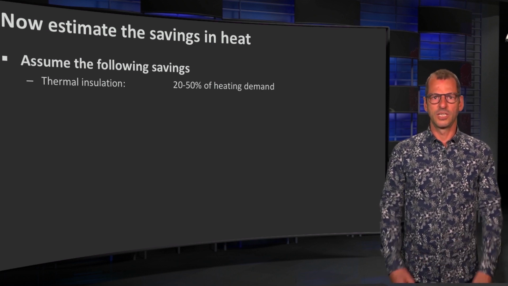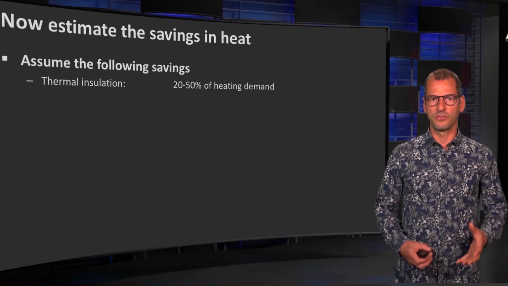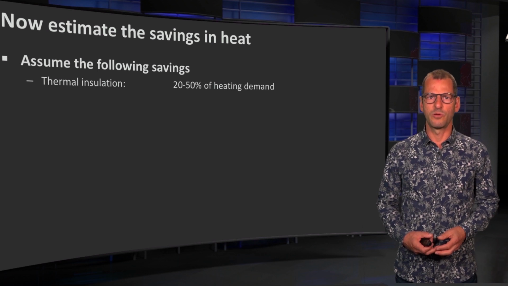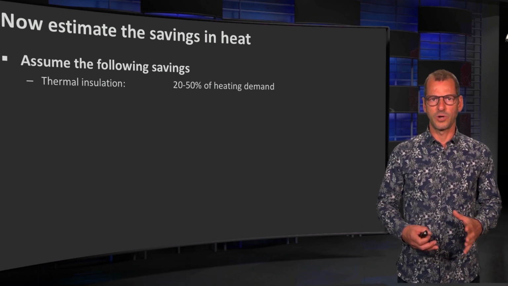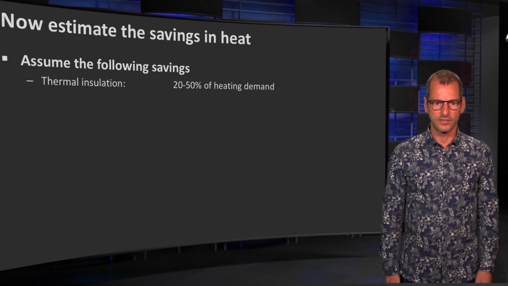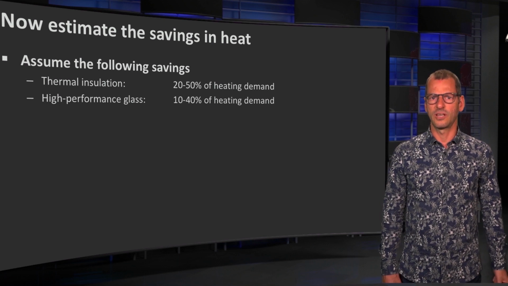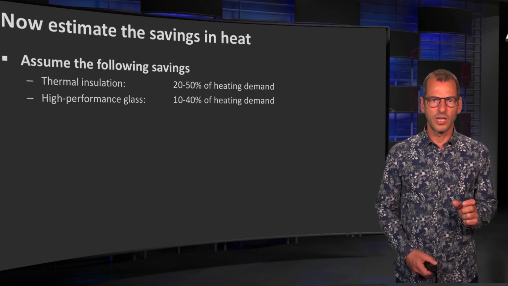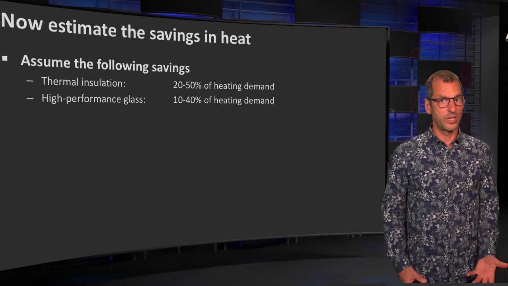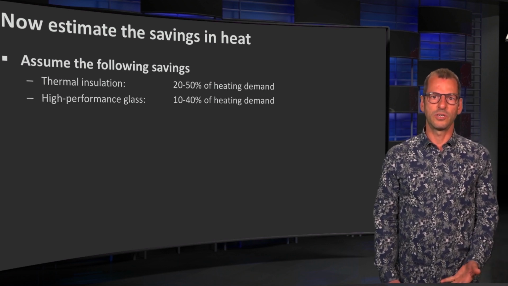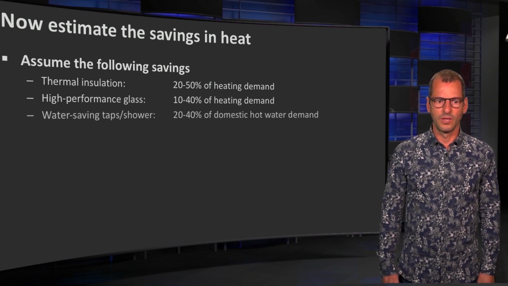And this, of course, depends on how much thermal insulation you can add, the thickness of it, and also, of course, how much of your building is opaque, in that sense that this is a part of your envelope that can be insulated. The second, high-performance glass, so well-insulating glass, which can be double glass or a triple glass even. That also depends, of course, on how many windows do you have and the type of glass you actually choose.